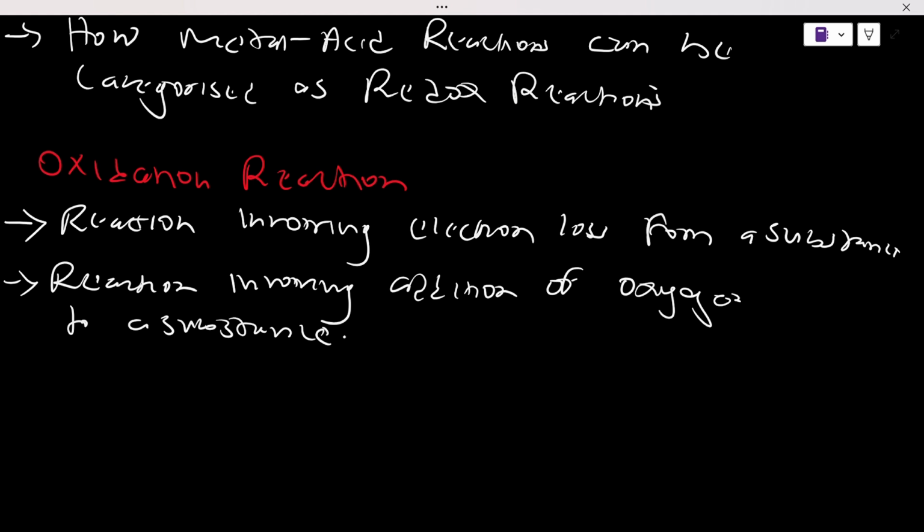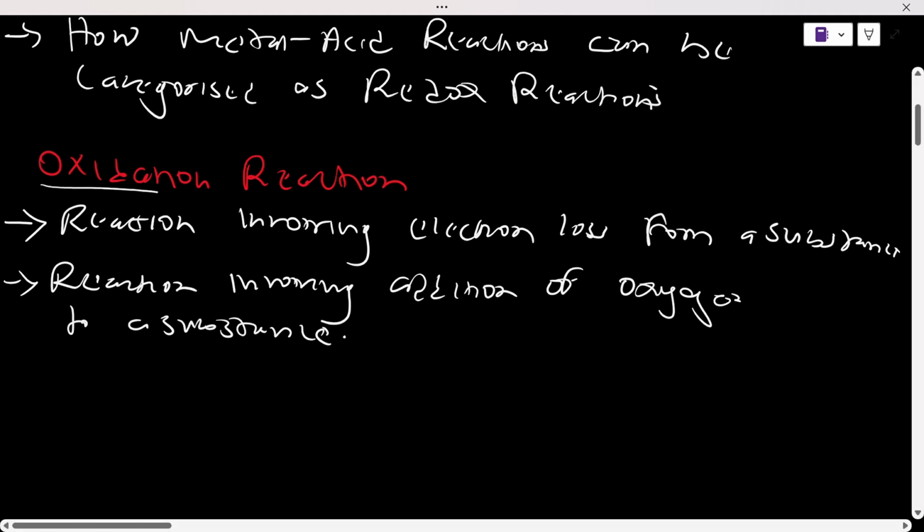The other way in which you can explain addition of oxygen to a substance is that oxygen is more electronegative. So when we add it to a substance, we call that an oxidation reaction.